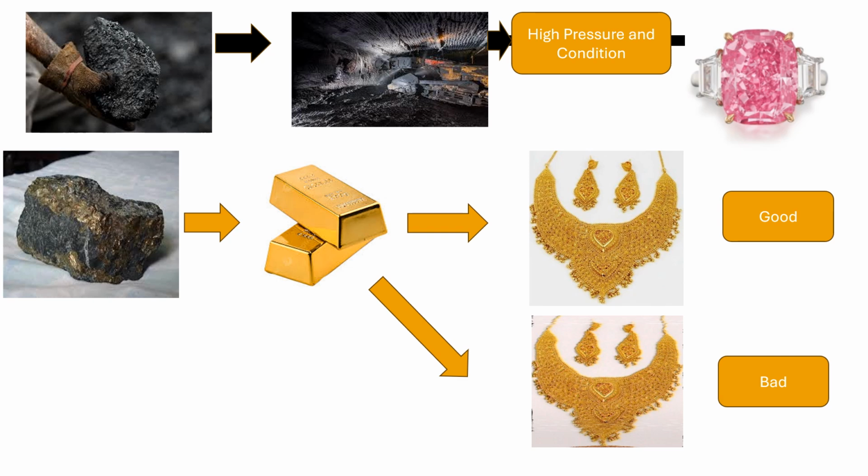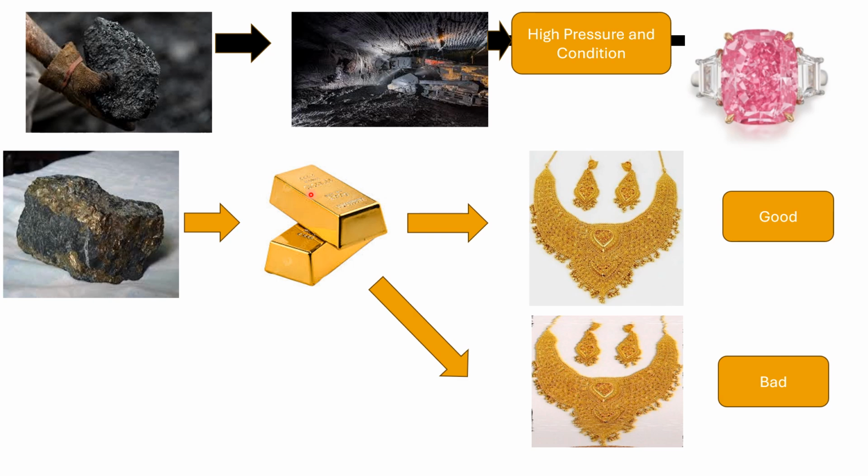So let me give you an example. If anyone gives you this stone in your hand and tells you that this is a gift from my side, you will not take it. I will also not take it. But if he gives me this block of gold, I will be very happy for it because this is worth it.